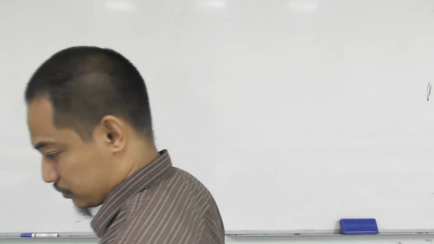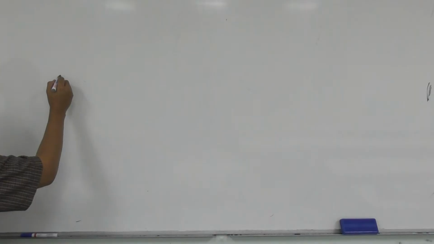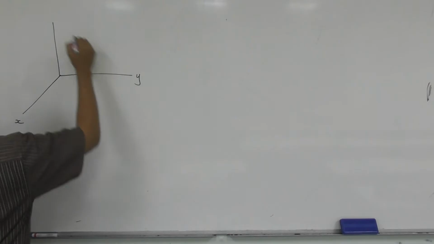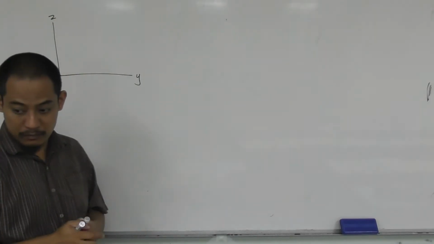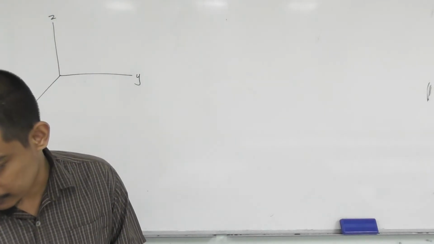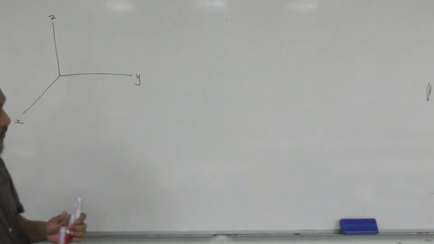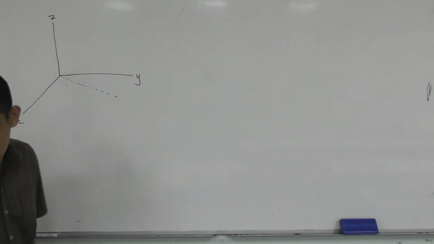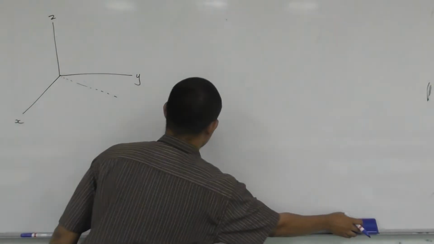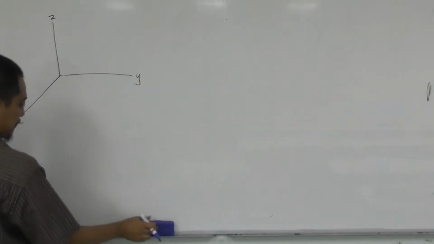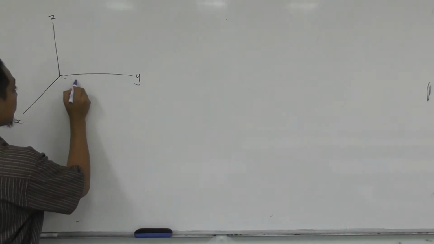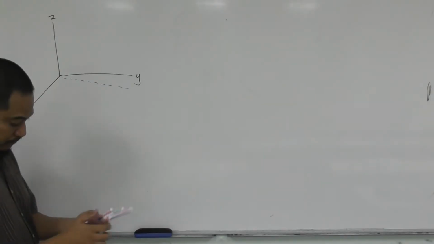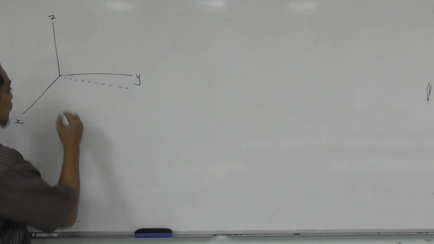So if we draw the diagram X, Y, Z, and I'll draw F1 first. So it is with this 25 degrees. I draw it smaller, right? And then goes down something like this.